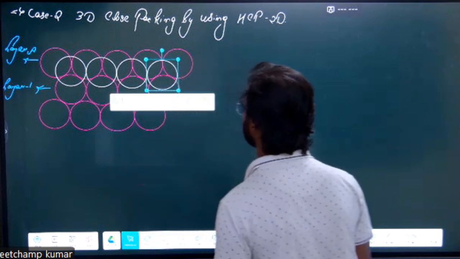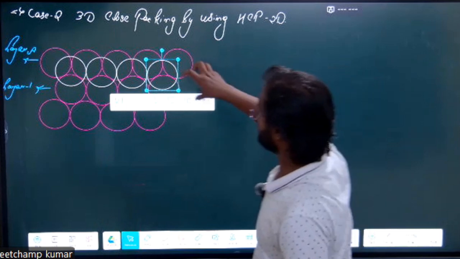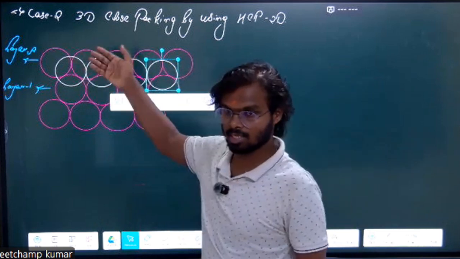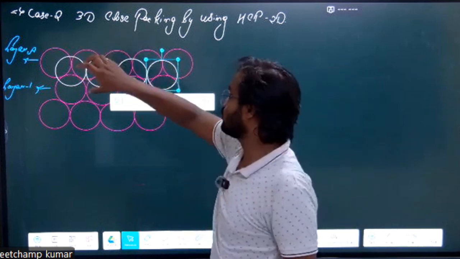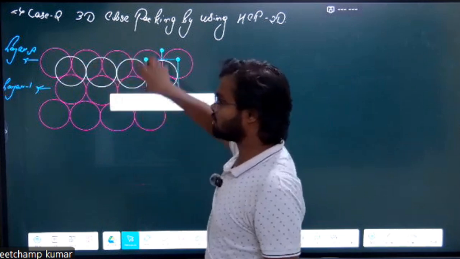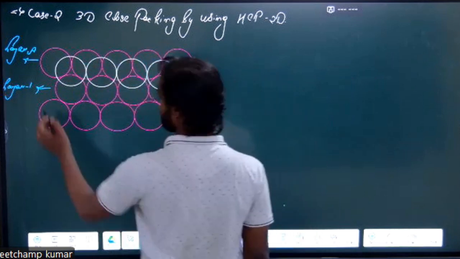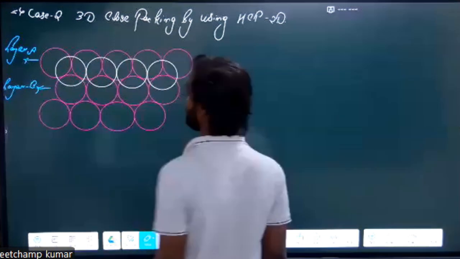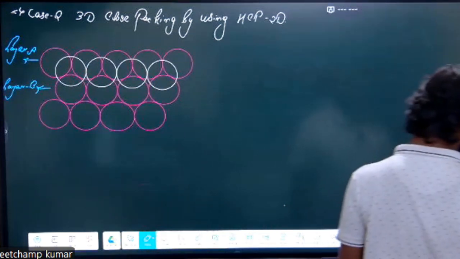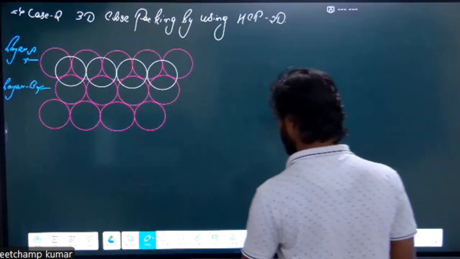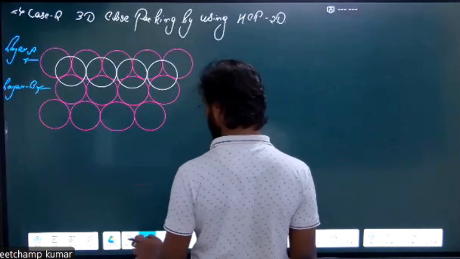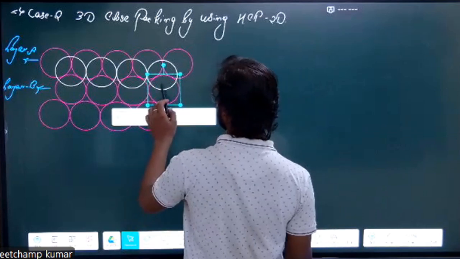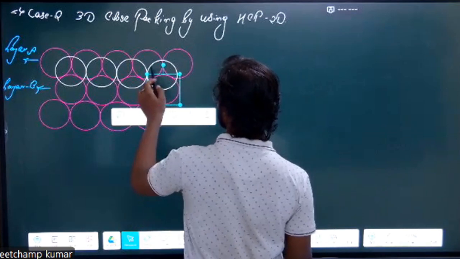Okay, this is how we have placed another layer, layer C, in the upward direction over the gap which is formed between layer A and layer B. I hope you are able to get this point, like how we are placing the atom. Yes, sir. Okay, so let me place.